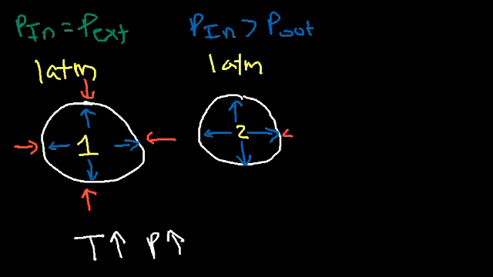If the forces on the inside exceed the forces on the outside, notice that the blue arrows are larger than the red arrows. What's going to happen? Well, the balloon is going to expand if the inside forces pushing it outward are greater than the outside forces trying to compress the balloon. So whenever the internal pressure exceeds the outside pressure, gas expansion occurs.